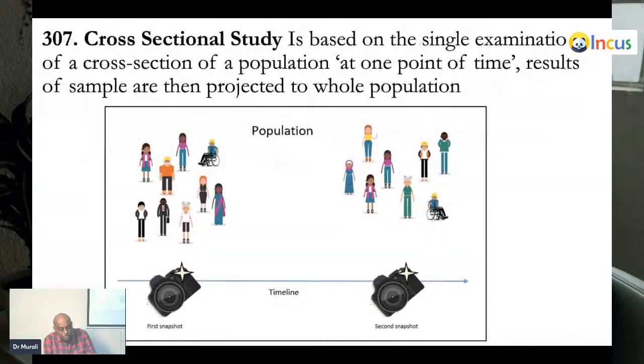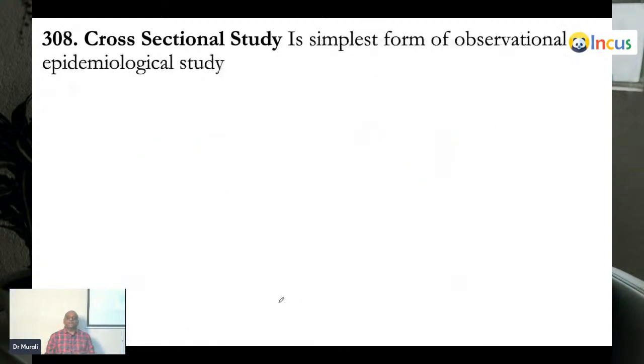Now, if you look at the cross-sectional study, doctor, it is the single examination of a cross-section of population at one point of time. That is called a cross-sectional study. So, if I ask you, what is the simplest observational study? Go to Bombay railway station and tell the whole public, wait for 1 minute, everyone check fasting sugar. Cross-sectional study, right?